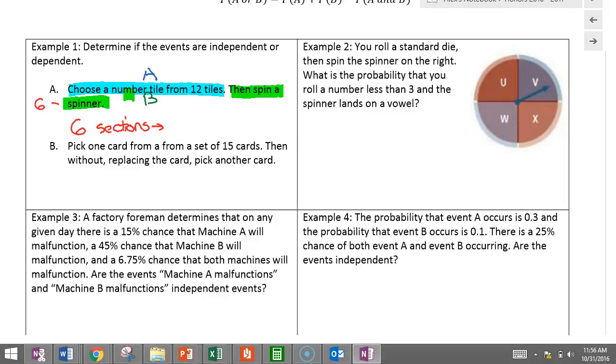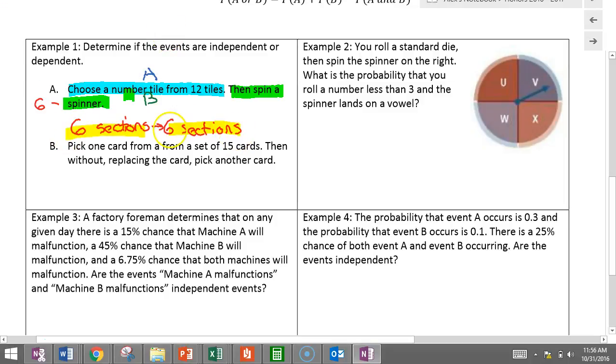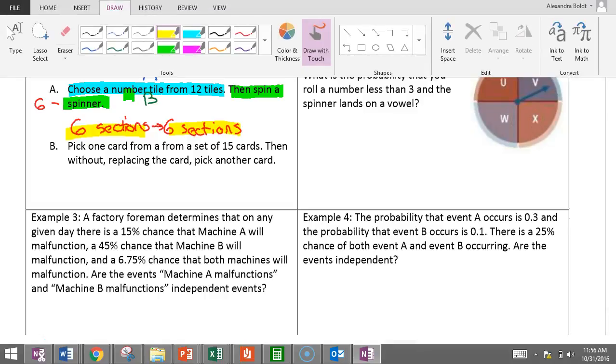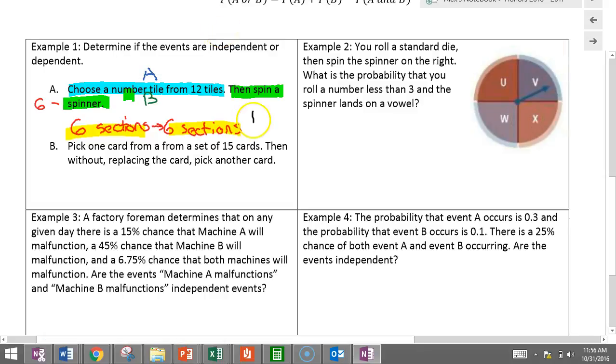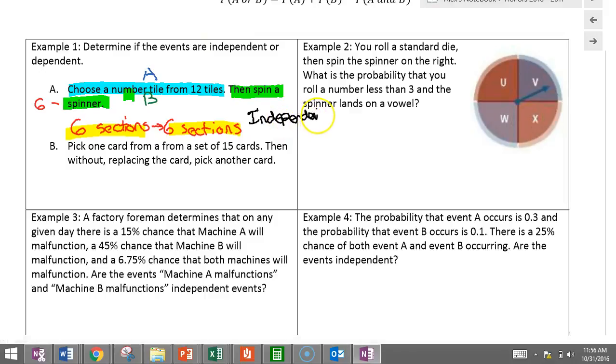No, my spinner is still going to have 6 sections. Since these two sample spaces are the same, this is independent. That's a nice way to think about it. Does the sample space of my event B change after event A happens?